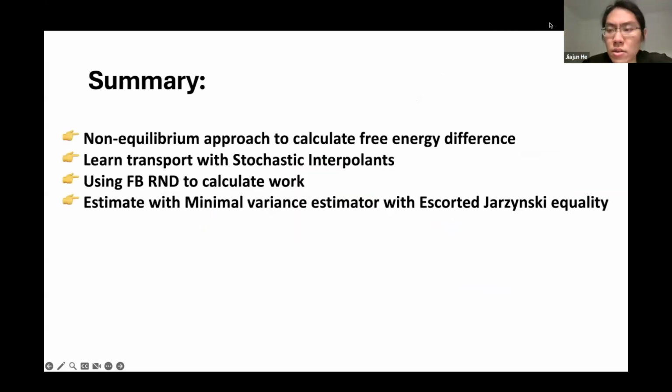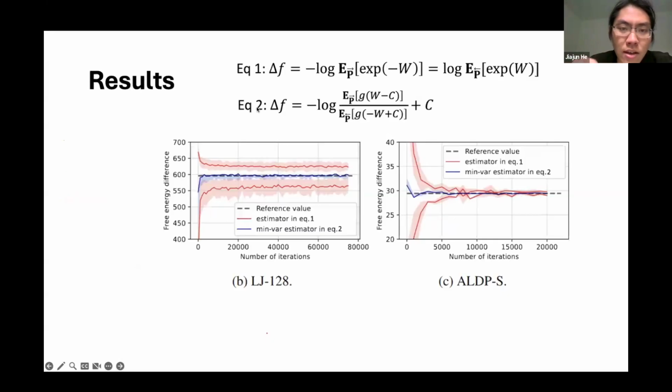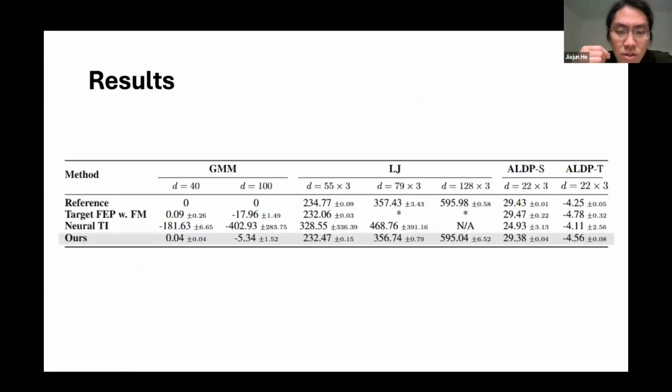I think there is a question about the neural TI results. I was just typing to reply. The result is very bad compared to what the authors show in their paper. The reason is that in their paper, if you look carefully, they designed a network with preconditioning with the ground truth energy from both sides.